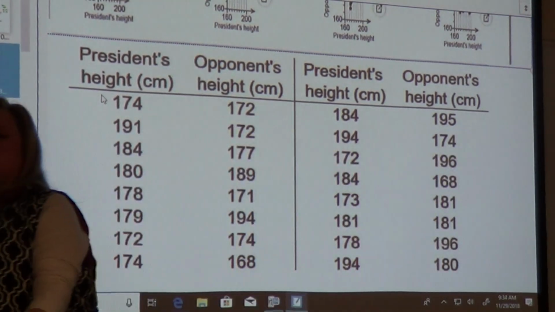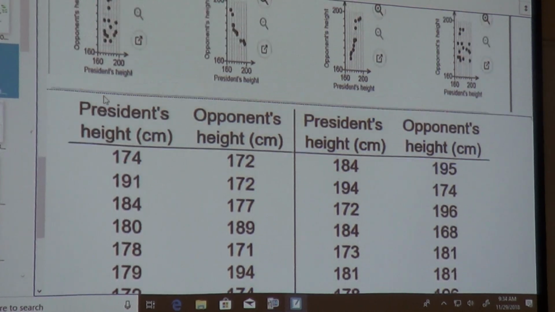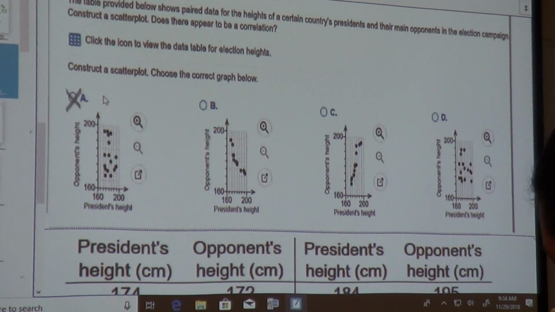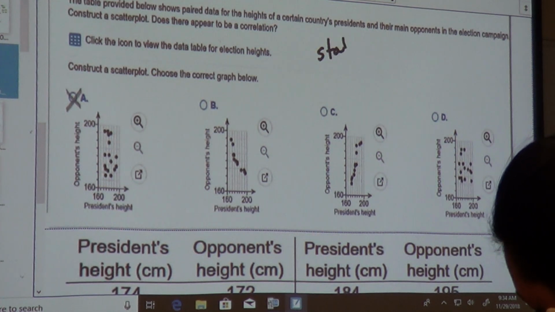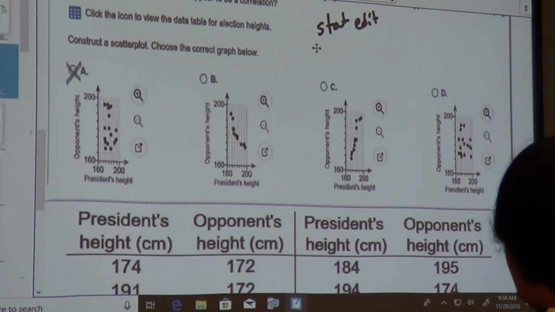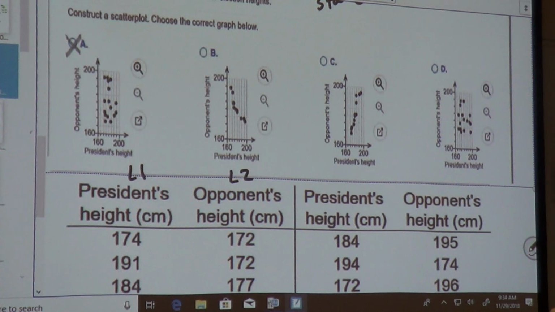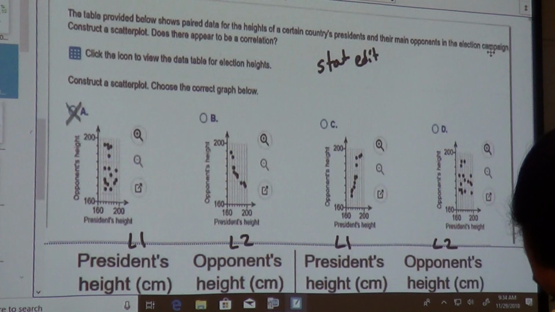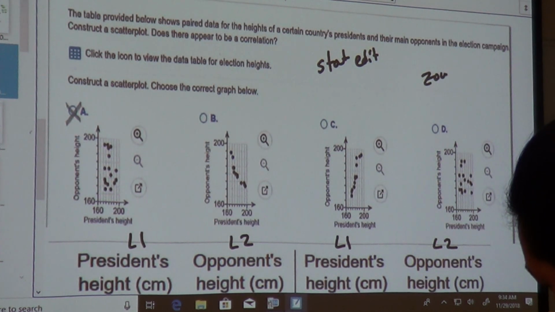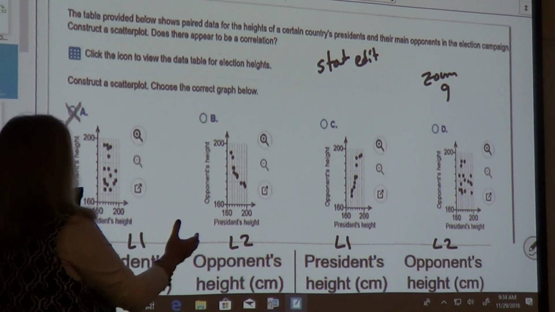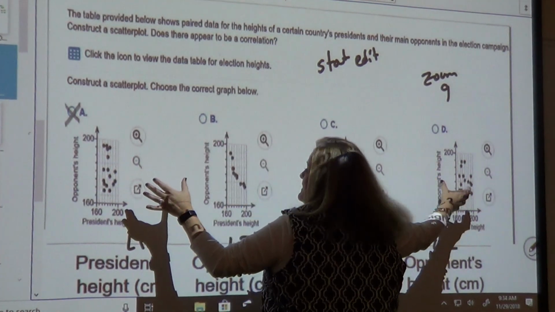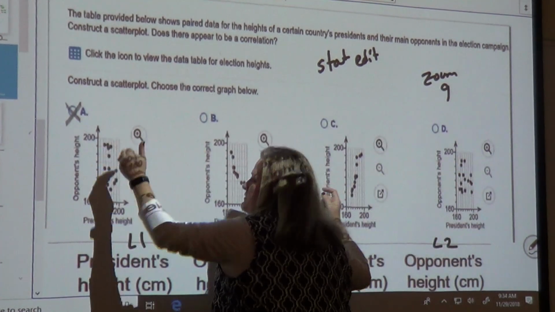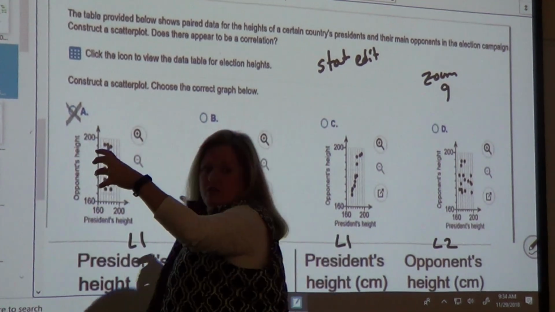So we did Stat Edit, and then we did Zoom 9. All we wanted to do was look at it, and then we found which one looked alike. Remember, I think we actually did this problem, and I said it wasn't a whoop-whoop, it was a run. So it was this one over here.